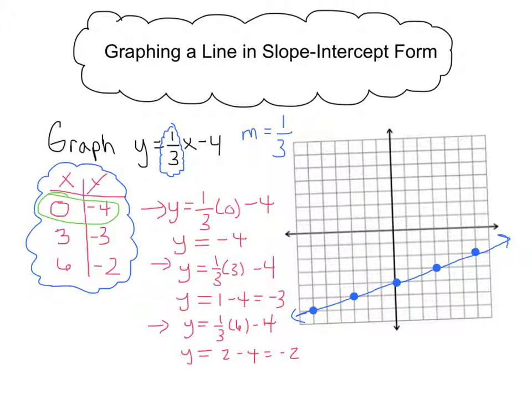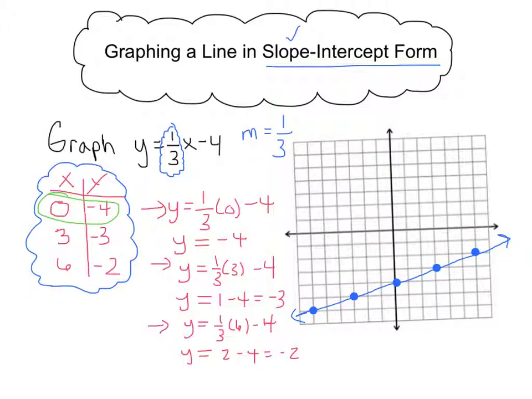So, as students progress, we let them get 1 point, which often is one that has the x-coordinate of 0 and a y-coordinate of -4. We have them recognize the slope, and we have them graph the point and use the slope to get more points. An equation that's written in this form is called slope-intercept, because it gives you the slope, but it also gives you what's called the y-intercept.